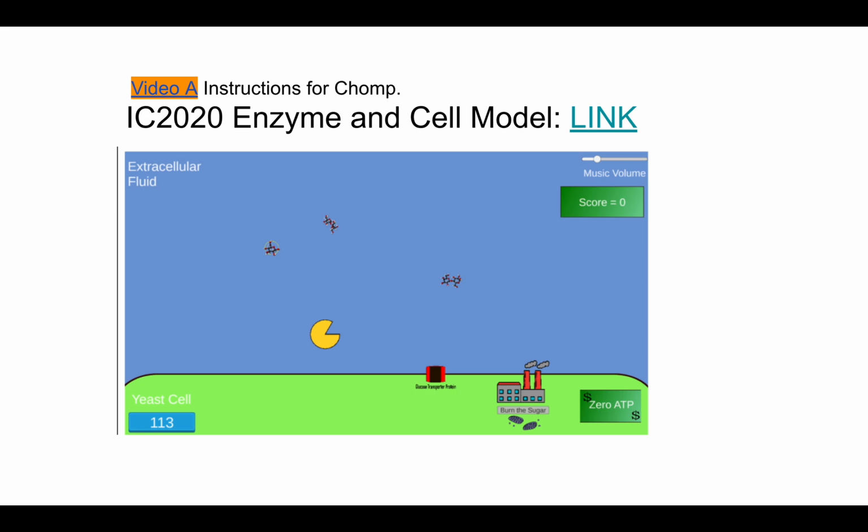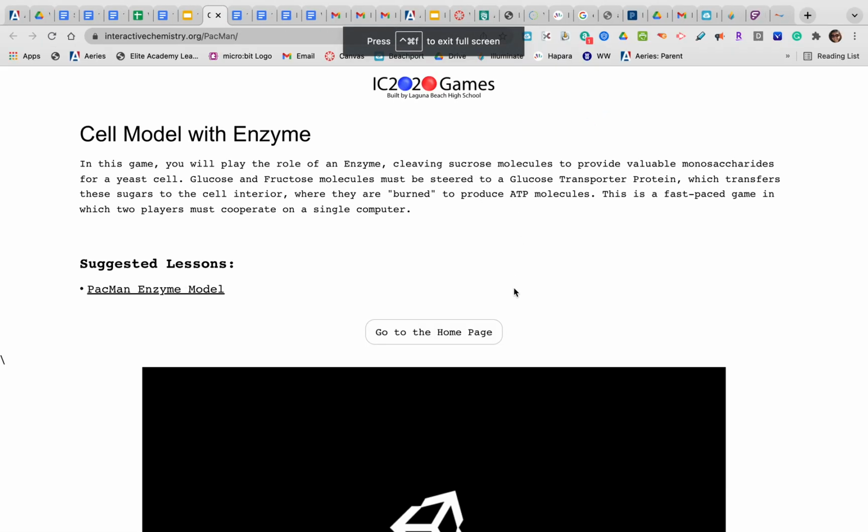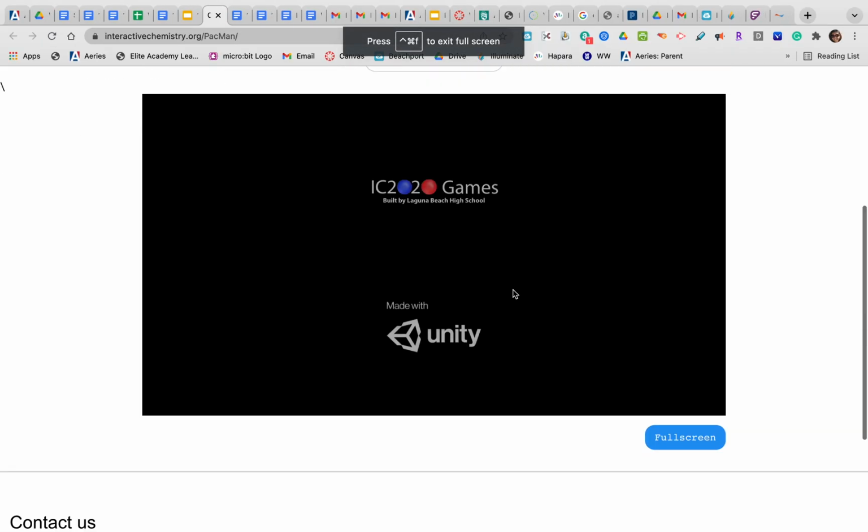Instead, you're using keys on the keyboard to move the Pac-Man and the molecules. And number two, it's a 2-player game. So you've got to watch the instructions to know what to do. I'll click on it for you just to show you what it looks like.